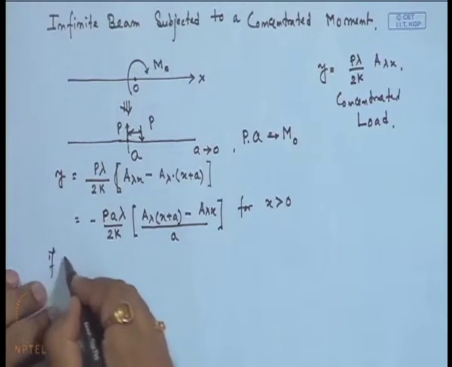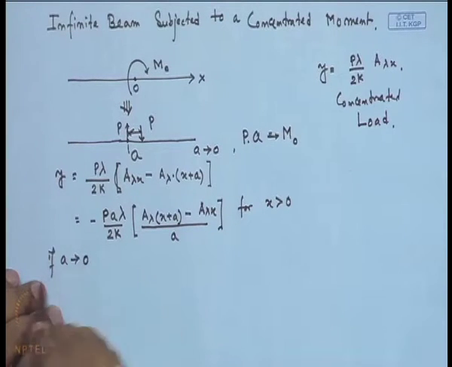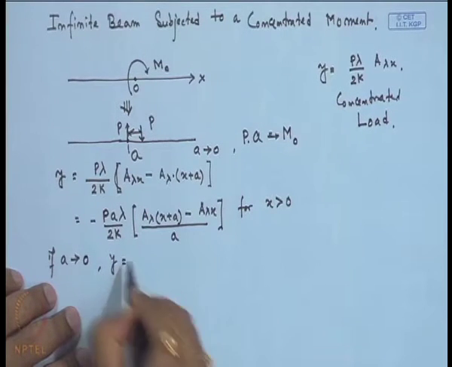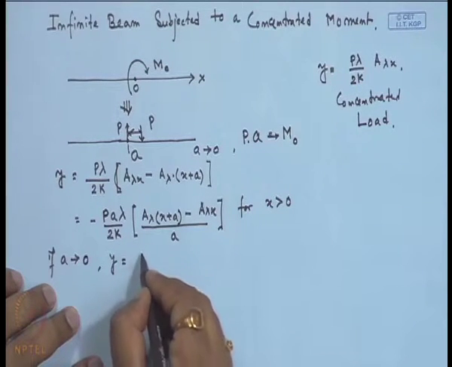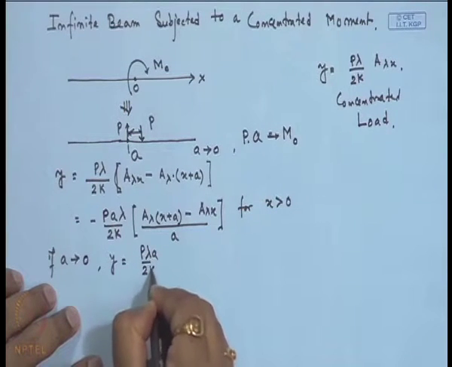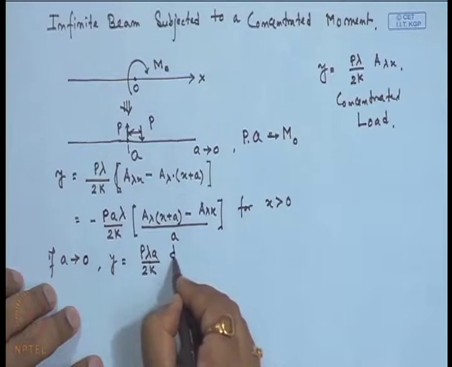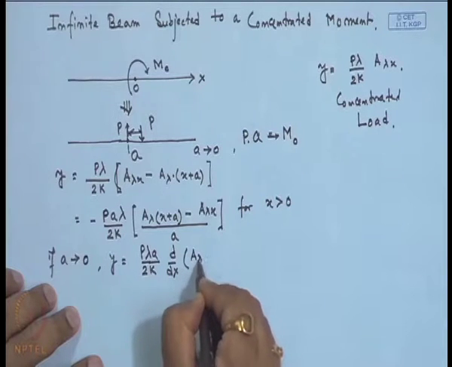Now, if a tends to 0, then y is equal to P lambda a divided by 2k, and this can be written as d by dx of A lambda x.